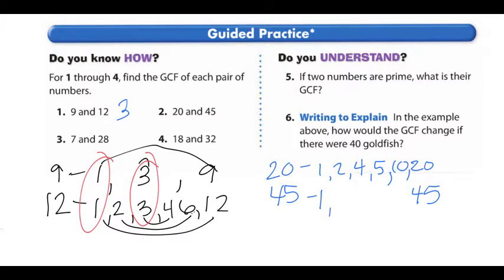The next one would be 2, and, well, there is nothing that goes with 2, so I better erase that, because that does not work. Messed that one up. Okay, but I know 3 does. 3 and 15 makes 45.